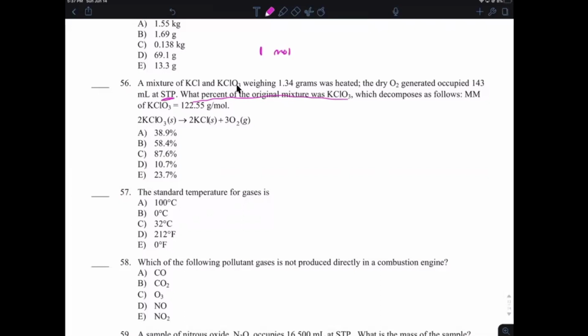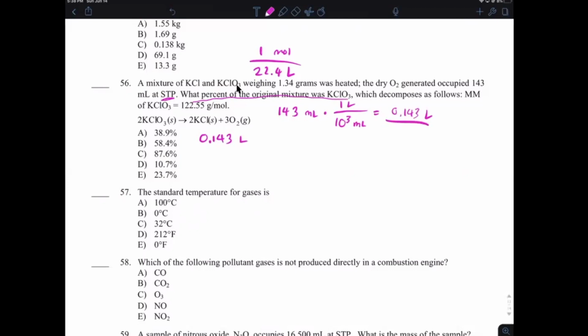So for 1 mole of anything, it's going to be 22.4 liters. So knowing that, we can go ahead and convert 143 milliliters. Well, let's just convert this to liters first. So it's just going to be 0.143 liters. Why is that? It's because there's going to be 10 cubed milliliters per liter. So I just move it 3 times and we get 0.143 liters.